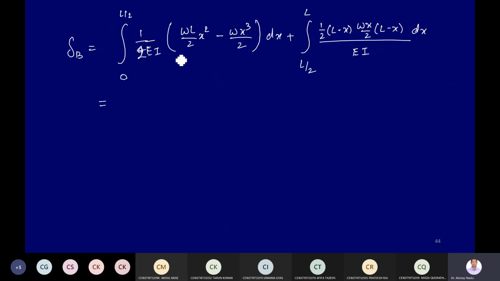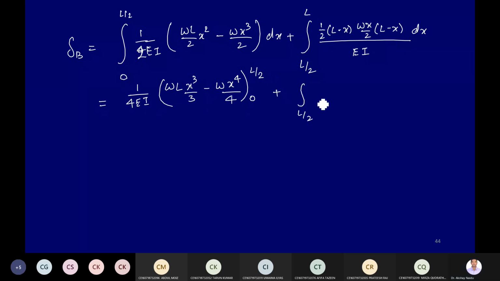Now let us evaluate this. 2 common, so 1 by 4 EI into W L x cubed by 3 minus W x power 4 by 4, 0 to L by 2, plus 1 by 4 EI into integral L by 2 to L. This is L minus x into x, so x into L minus x whole square: x L square minus 2L x square plus x cube.